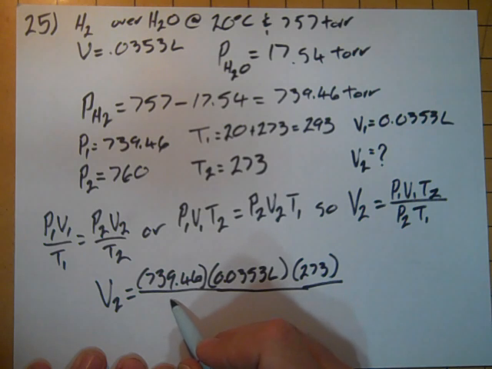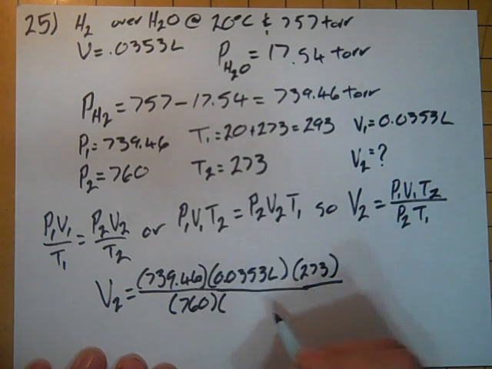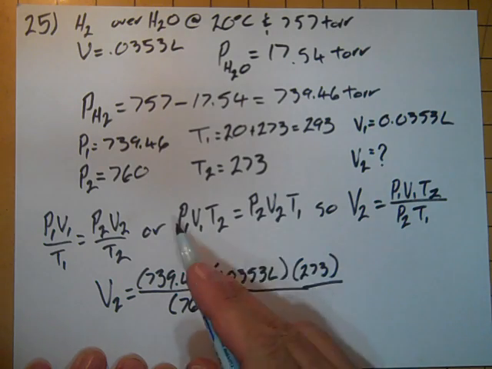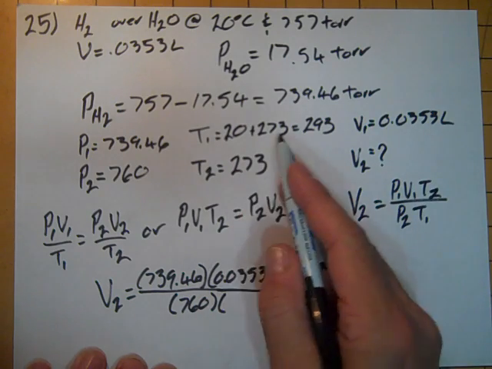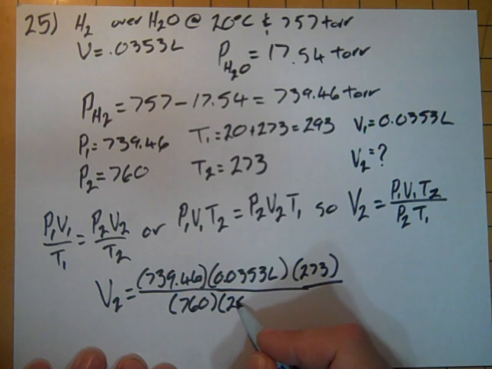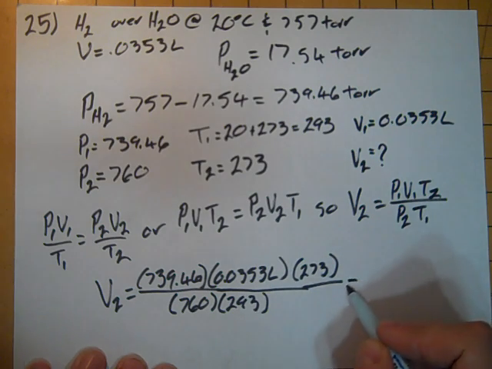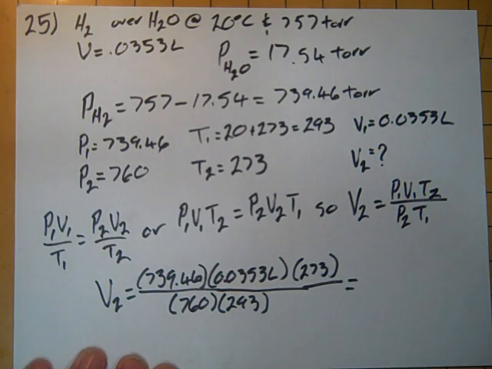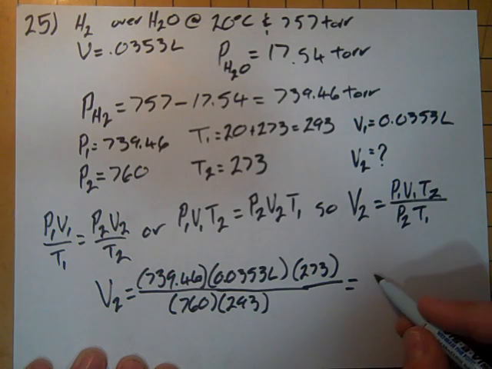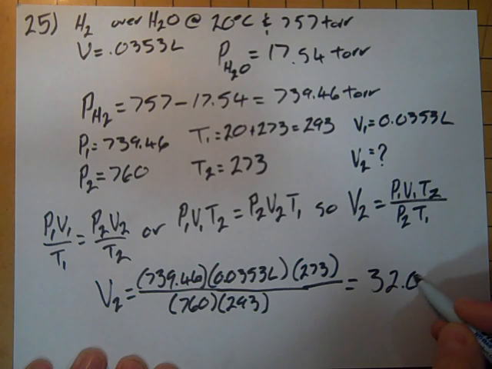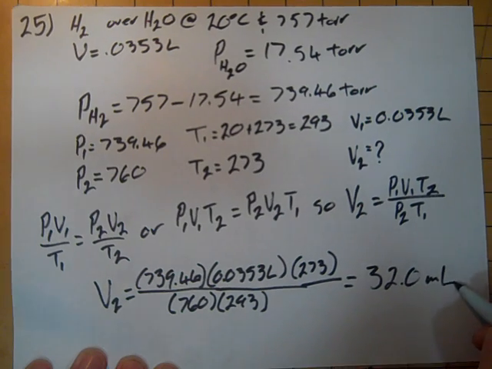That whole thing is going to be divided by pressure 2, 760, times temperature 1, which was 293. So, substitute those in, get out the calculator, and we find that it is 32.0 milliliters.